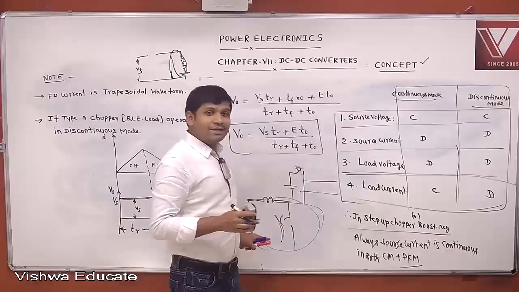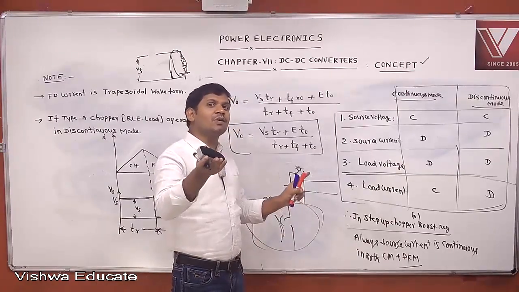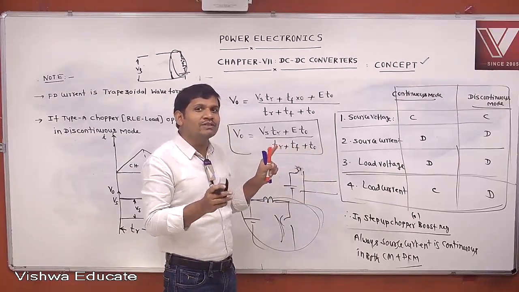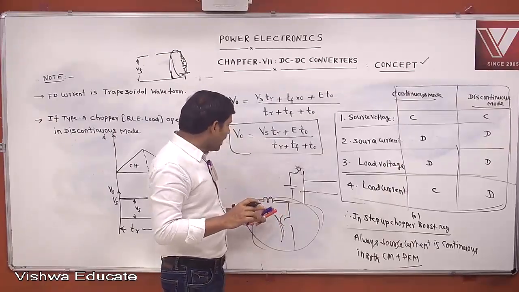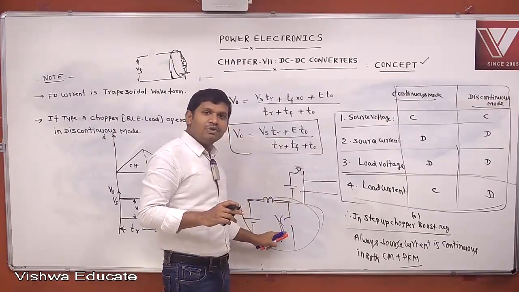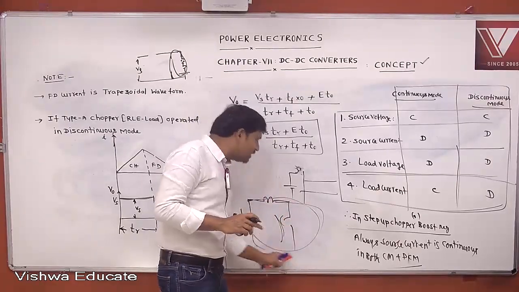But load voltage is always constant, no doubt at all, because we are giving a constant DC voltage. When the source current is flowing or not flowing depends on the configuration. But in the case of step-up chopper, because the source is at the middle of the switch, if the chopper is on or off, always source is connected and source current is flowing.